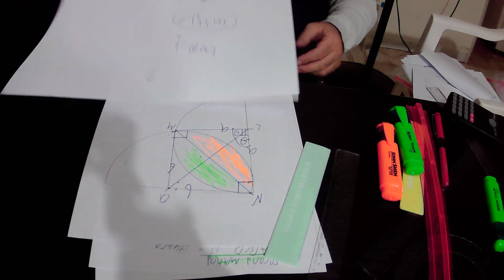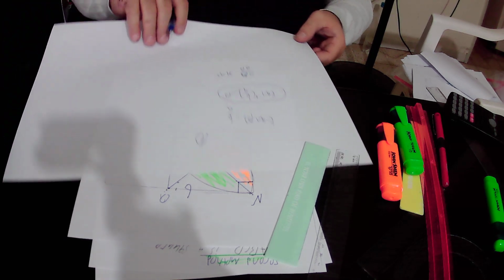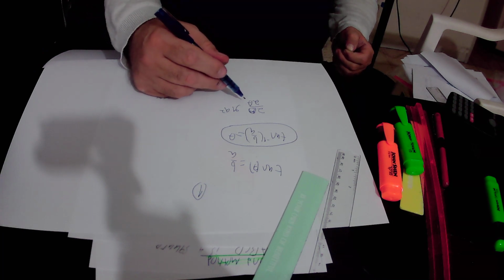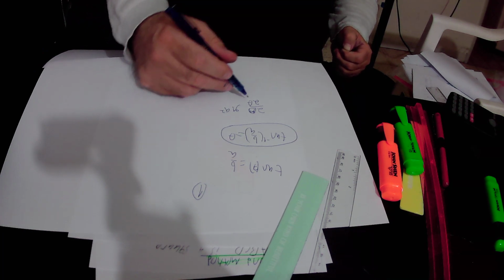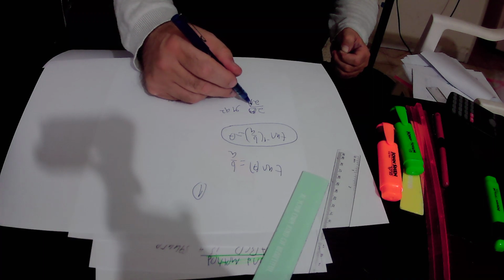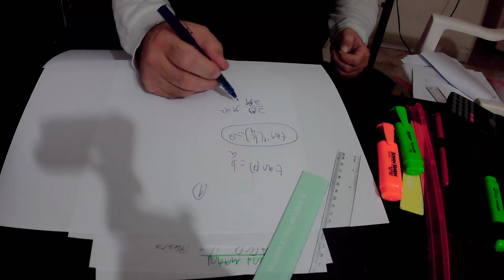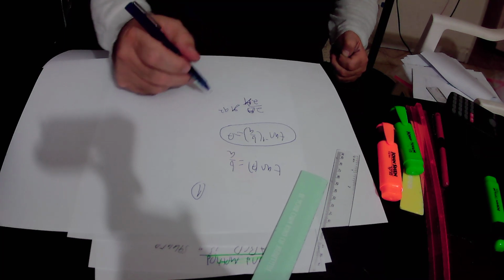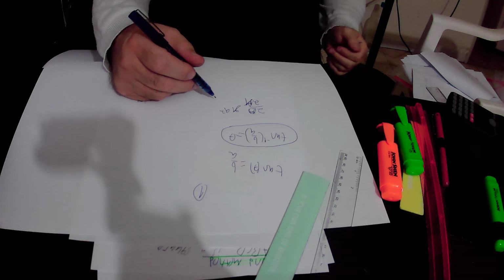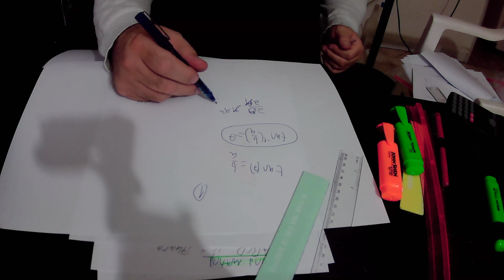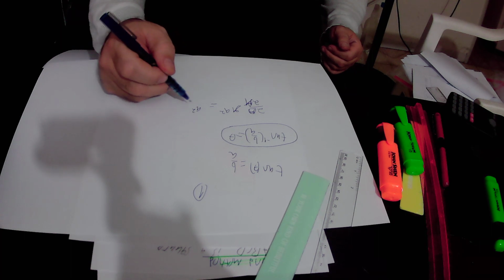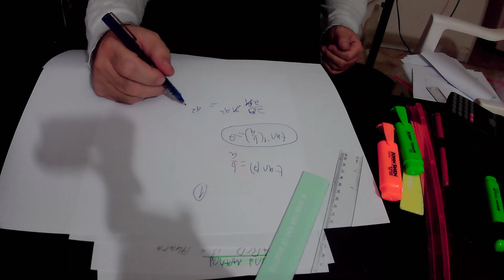Okay, so the area of sector LNM equals 2 theta over 2 pi times pi A squared. So here we have pi in the numerator and pi in the denominator, so the area of sector LM will be equal to A squared times theta.